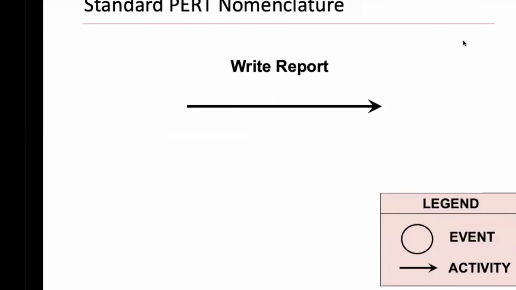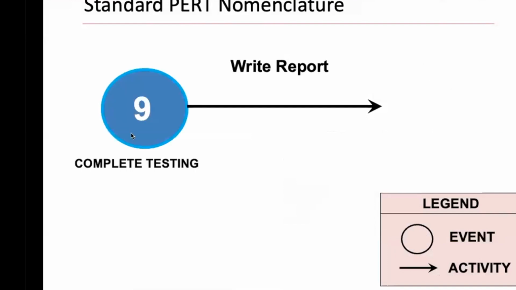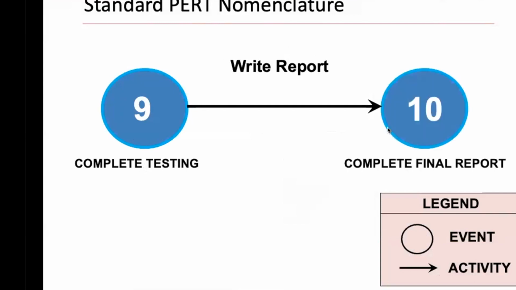What we call PERT. Let's say you're writing a report. One of the activities is writing a report. You're completing whatever testing you are doing for a product, and then writing a report is an activity. Completing the final report is activity number 10, let's say in this case, and completing the testing is activity 9.